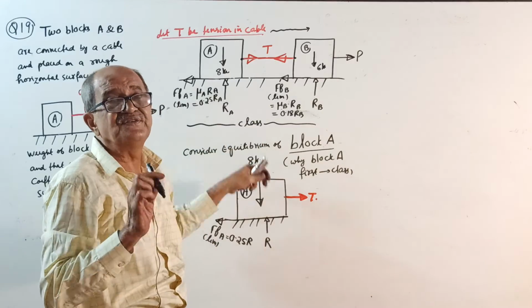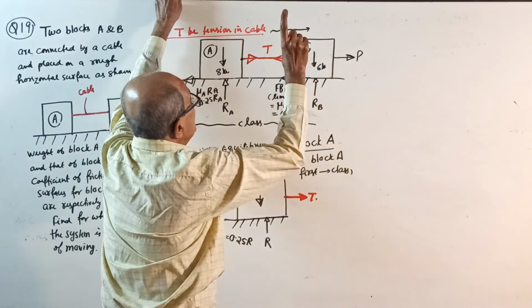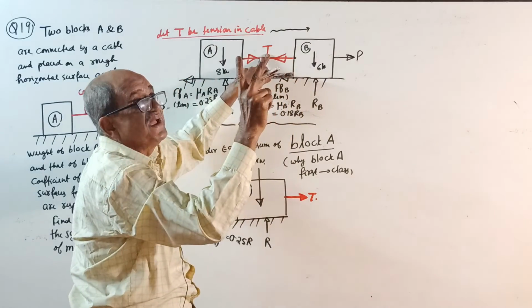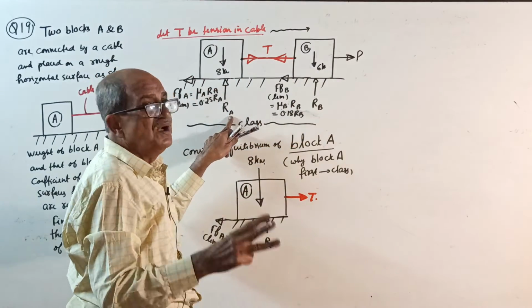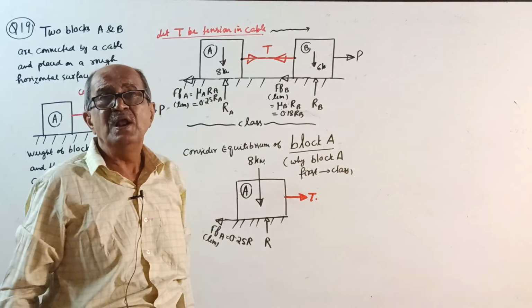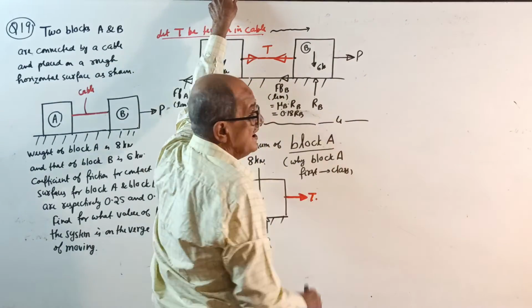Now class, how to solve? See the unknowns. P, one unknown. T, second unknown. RB, third unknown. RA, fourth unknown. Total 4 unknowns are there.